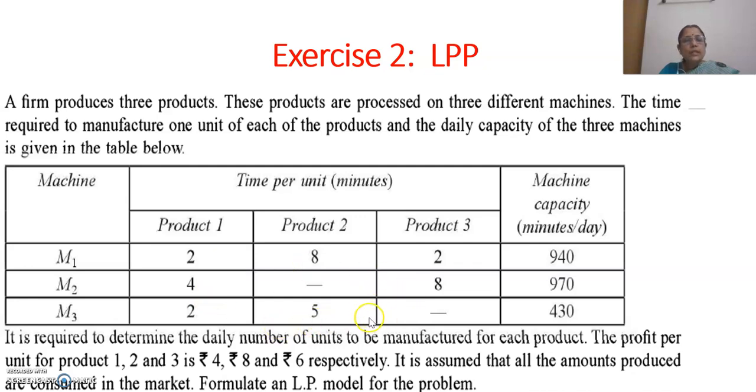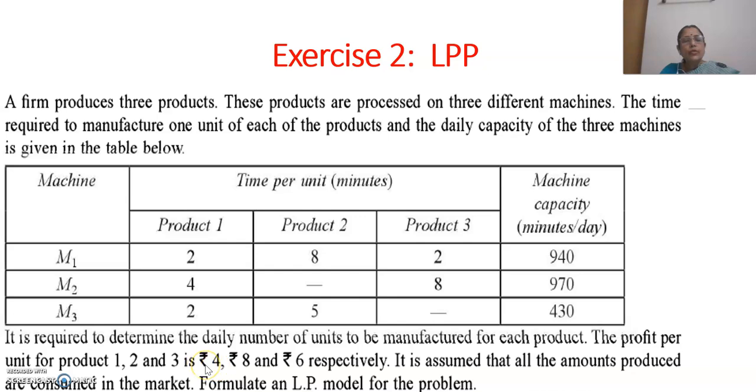Now what is the objective function? The objective is that by selling x1 units of product 1, x2 units of product 2 and x3 units of product 3, we should be able to derive maximum profit for the company. We know that one unit of product 1 is sold at a profit of rupees 4, product 2 at a profit of rupees 8, and product 3 at a profit of rupees 6.